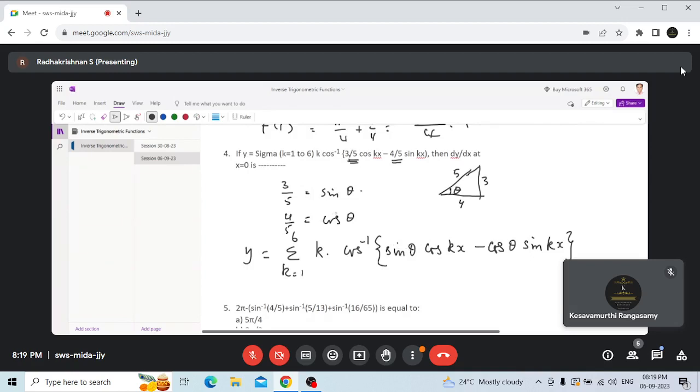But there is a more direct way: you take a triangle, put 3 here and 4 here. Then your 3 by 5 you put as cos theta, and this 4 by 5 you put as sin theta. Okay, so now your theta equal to sine inverse of 4 by 5. So now if you substitute like this, this will be cos theta and this will be sin theta.